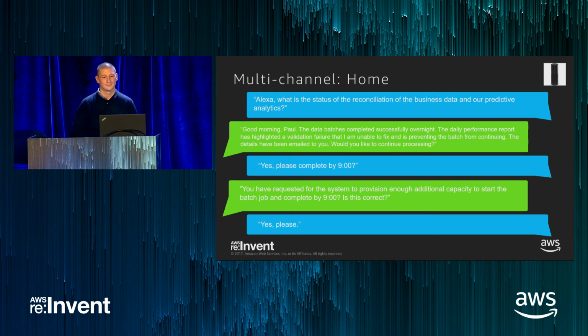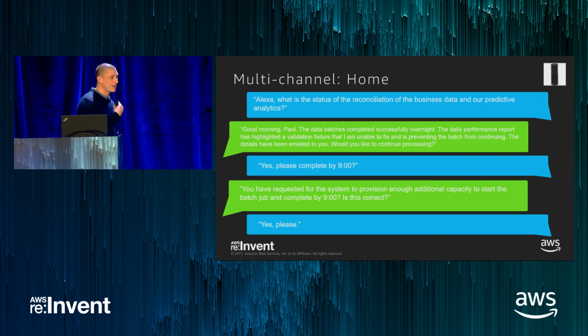The details have been emailed to you. Would you like to continue processing? Yes, please complete by 9 a.m. You have requested for the system to provision enough additional capacity to start the batch job and complete by 9 o'clock. Is this correct? Yes. Your request has been processed. Have a great day.